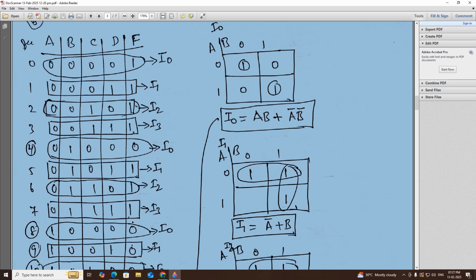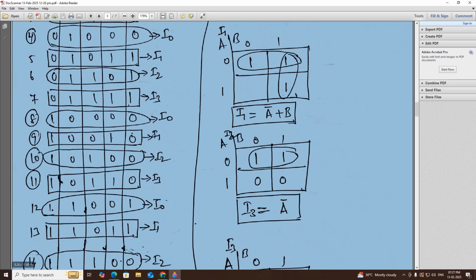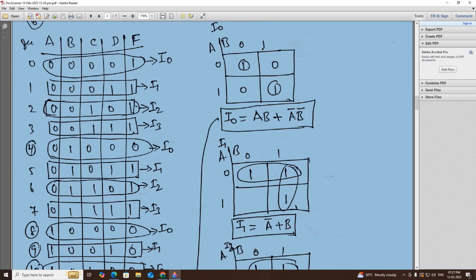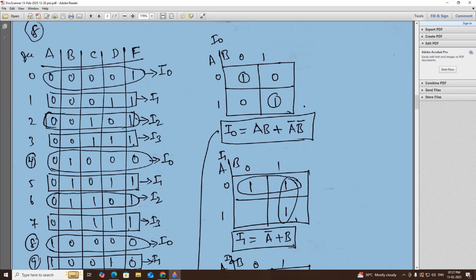And for the last one, A equal to 1, B equal to 1, I0 is 1. This is for I0. Now the expression for this one is A bar B bar plus A B.